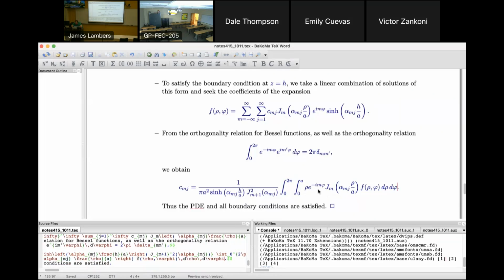Unfortunately, we cannot separate it into a product of two integrals because f depends on both variables, so that has to stay inside both. And those are our coefficients. Once we compute these, we have our solution.